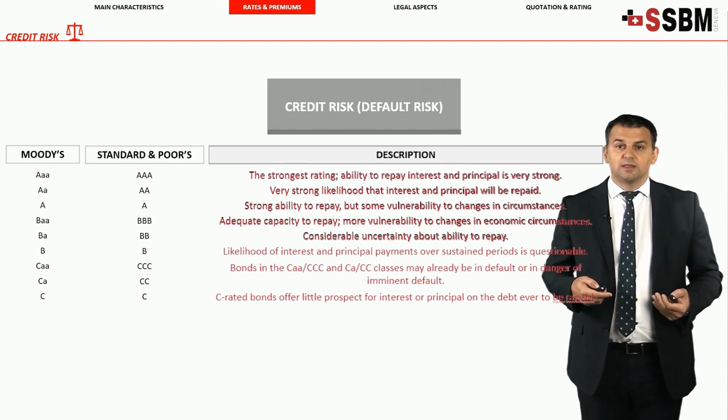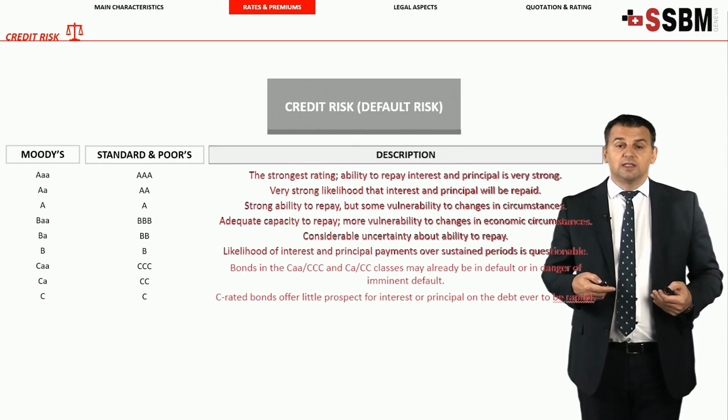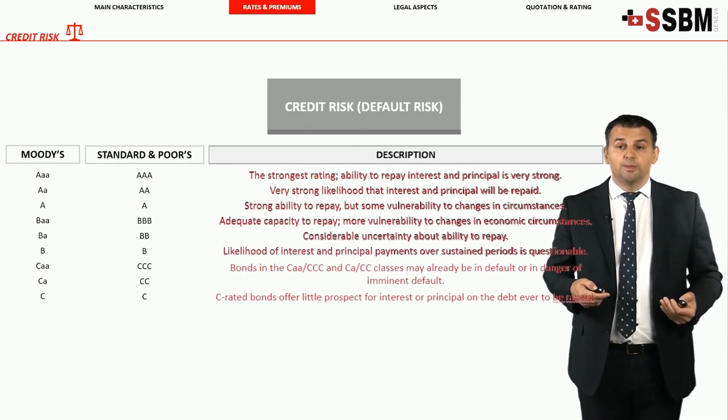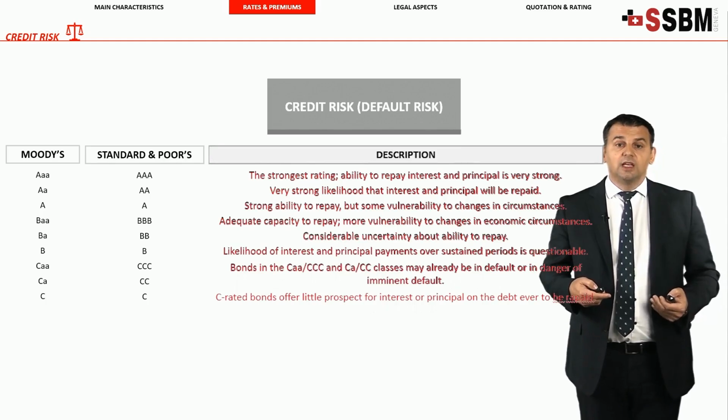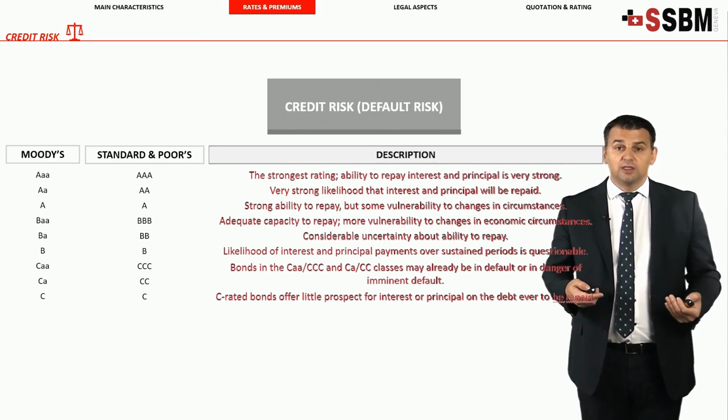it means that there is uncertainty about the ability to repay, but you are in the middle, you are not so risky. Then if you go down, of course there is a higher probability of default, that you will not be able to repay your debts in due time, and at the end we come to the rating C, which is somehow the junk rating.